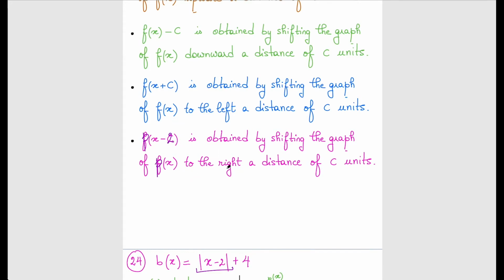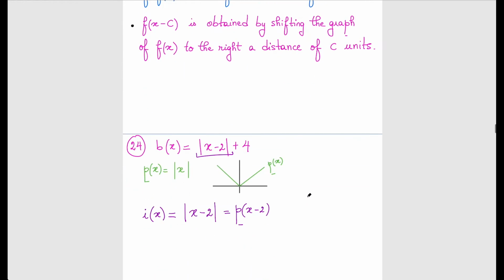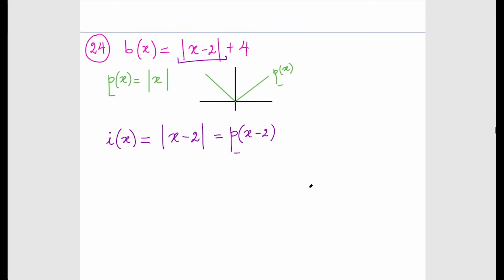You just shift the function P of x to the right a distance of 2 units. So I'm going to take the graph of P shifted 2 units to the right, and I'm going to obtain this one. This is the graph of I of x.